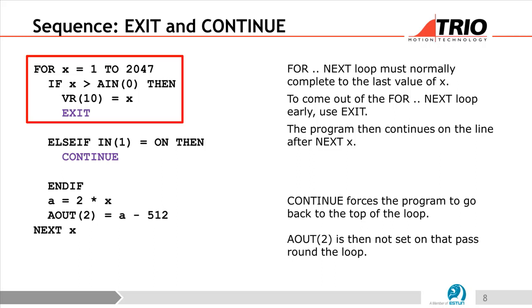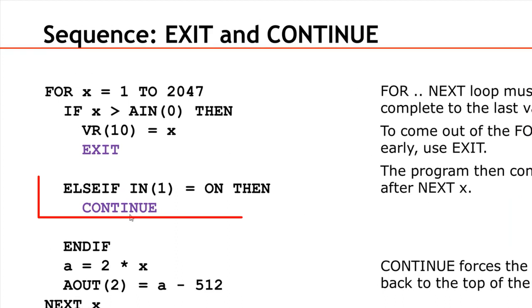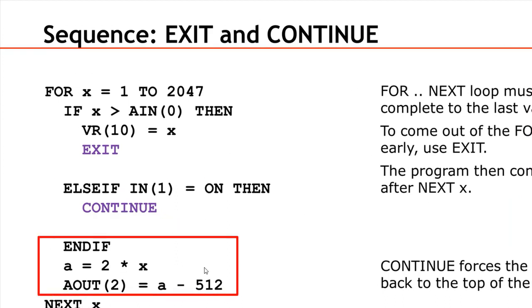And CONTINUE actually forces the program to go back to the top of the loop. You can see here, if input 1 is on, then do a CONTINUE, and then the OP 2 is not set on the pass round of the loop.